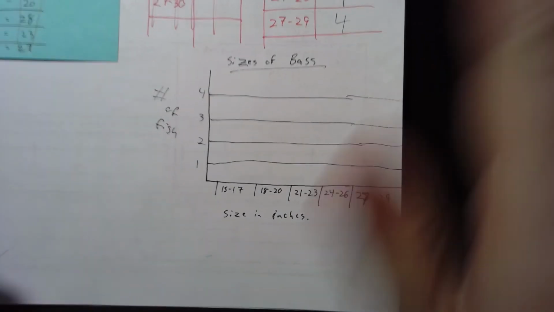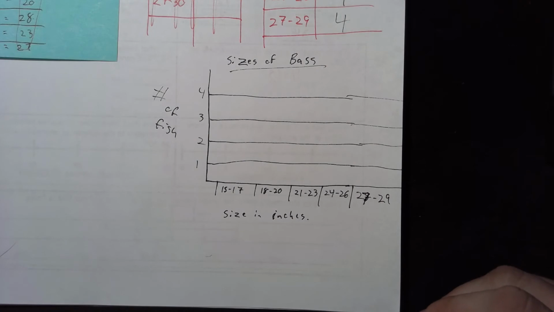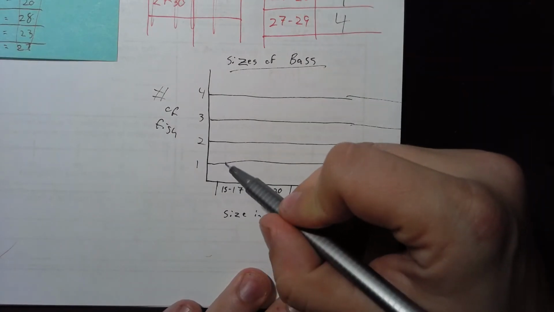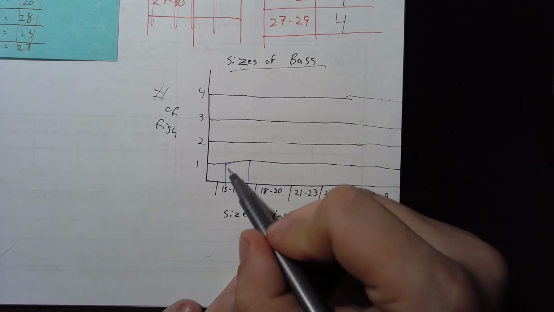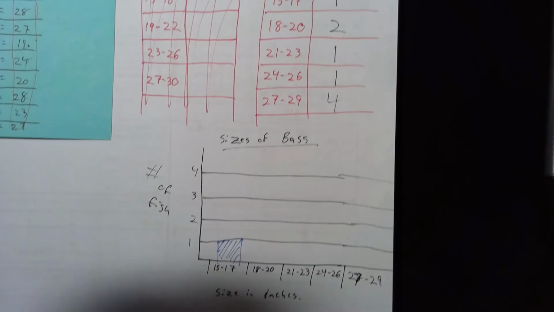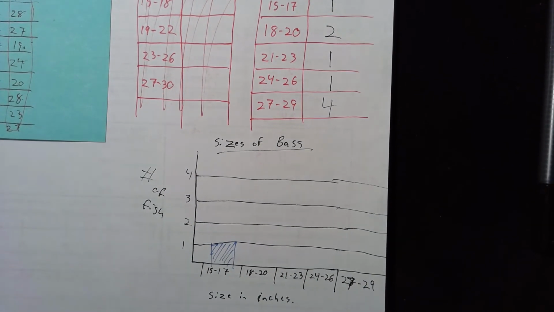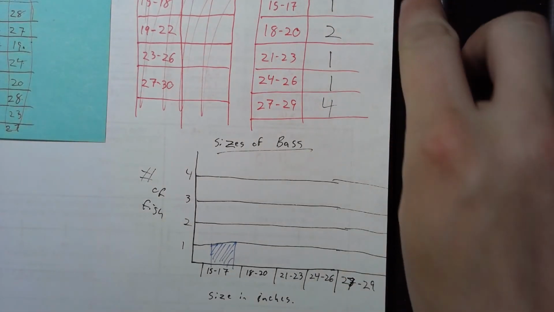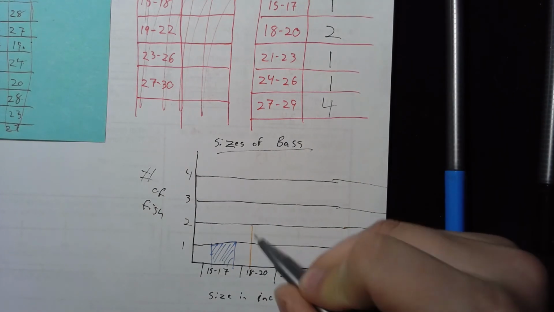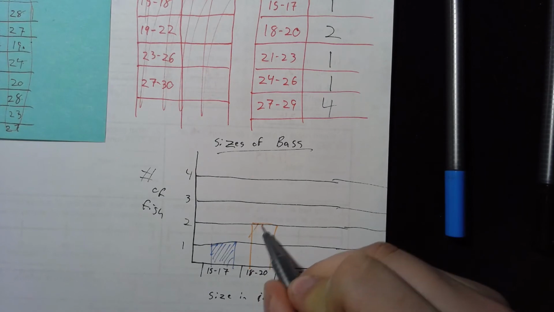And then we're just going to go ahead and draw our bars. This first one, for example, only goes up to 1, according to our interval table. Let me actually move that a bit higher so you can see my interval table too. My second bar is going to go up to 2. So that goes up here.